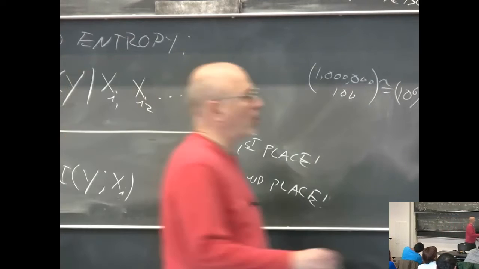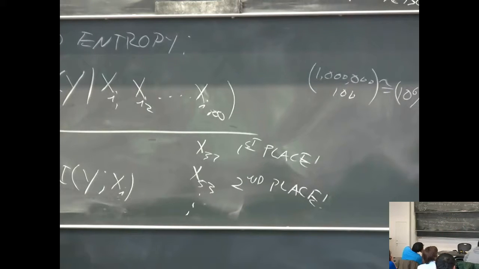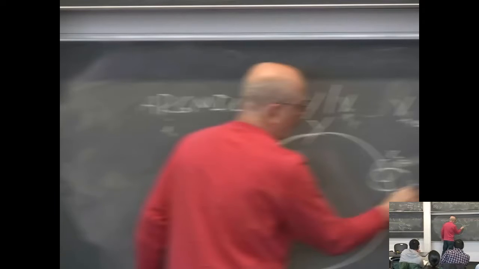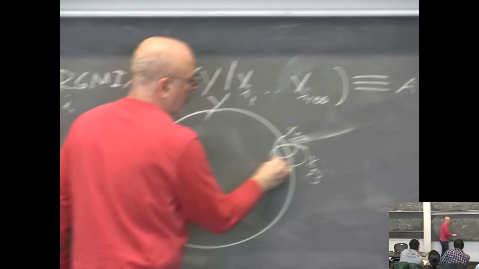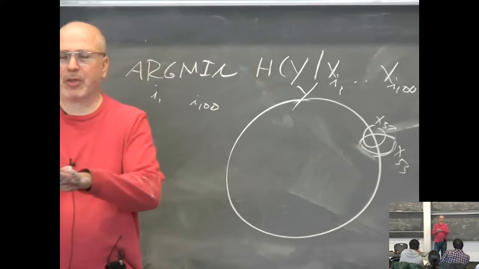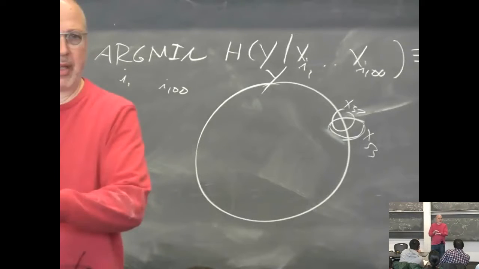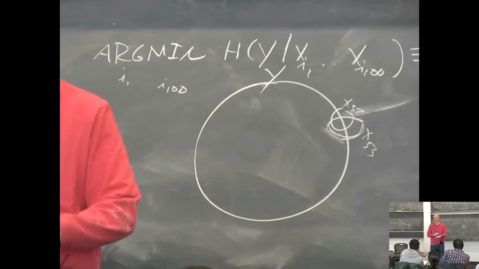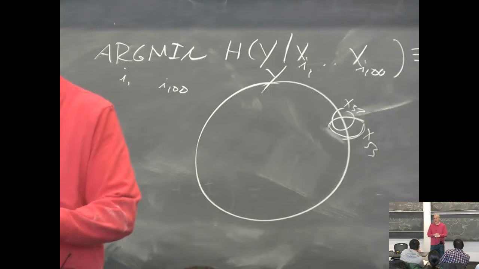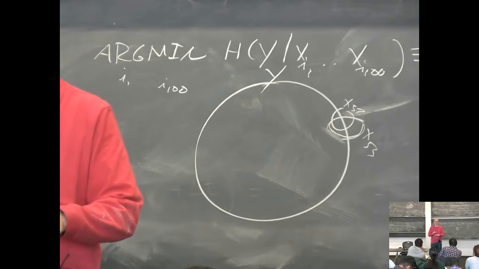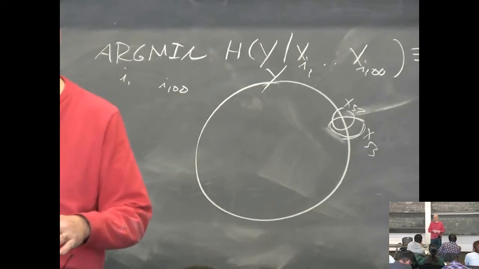So the picture to have in mind is here's y, and here's x37, and here's x53. They overlap so much that after I added x37, adding x53 does not add that much. So this comes about because mutual information is not additive.